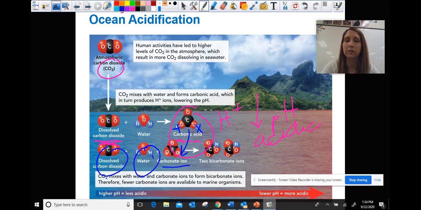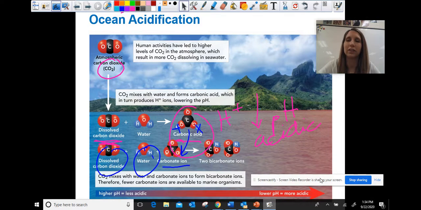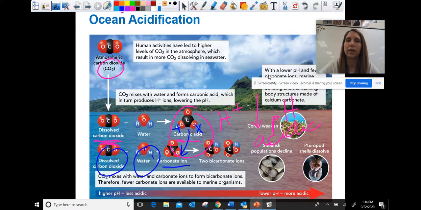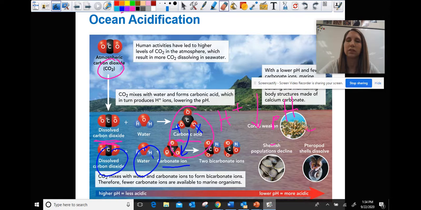When those are formed in the solution, we can form more bicarbonate ions, and that's going to take a toll, not just on the ability of these things to survive in this environment, but also on the ability of some of these species to produce things like shells that they need for protection and for survival.